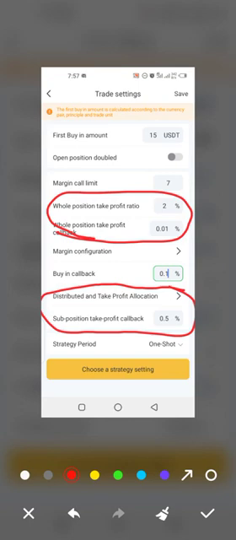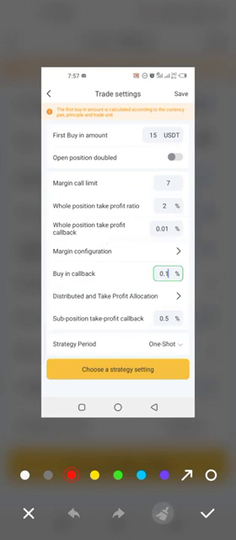But it makes each layer independent. So when the market falls by a certain percent, like we are going to see, and it rises by the percentage we put in this area where we call the distributed take profit allocation, the robot will sell.